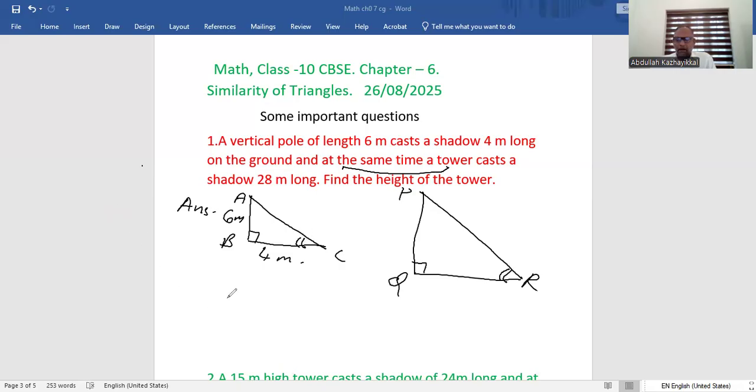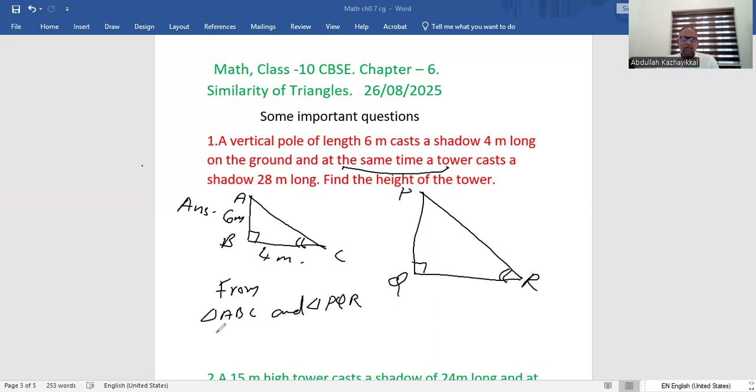Now what to do? From triangle ABC and triangle PQR, a right triangle. What is given?